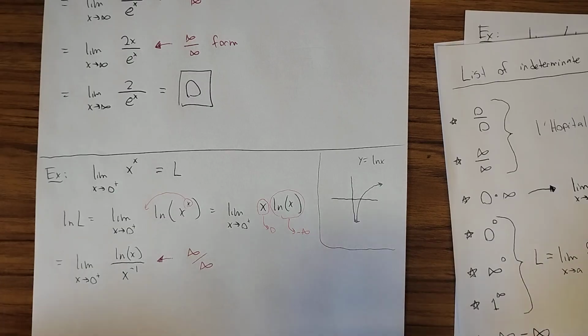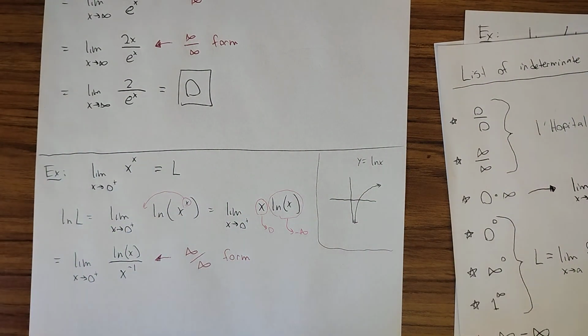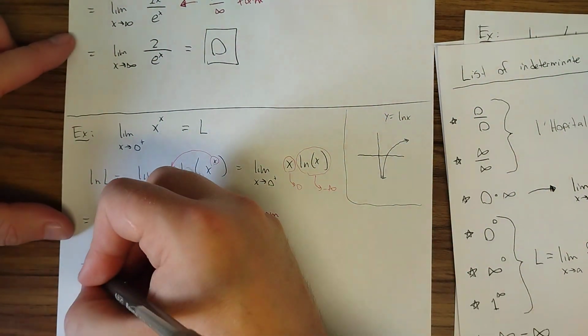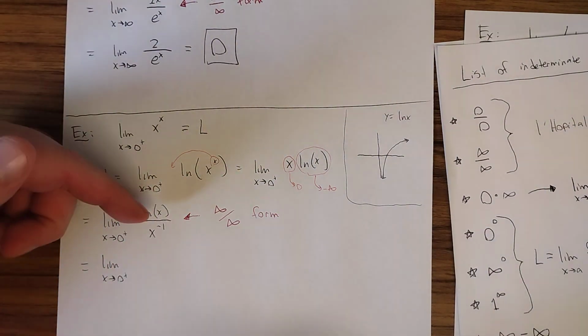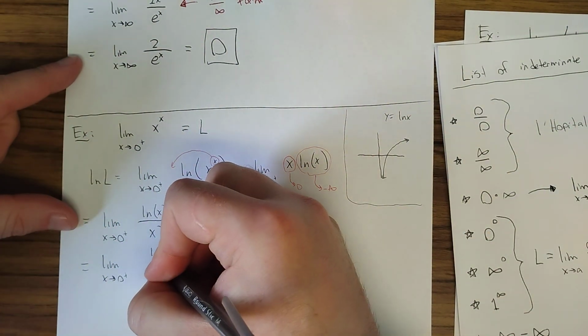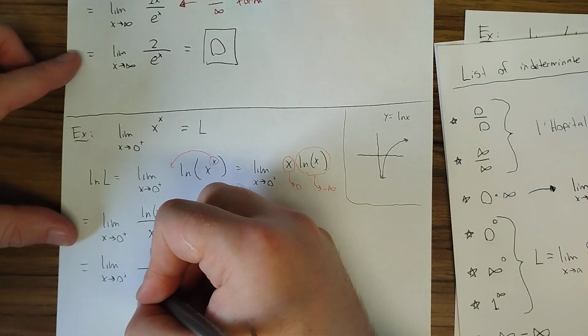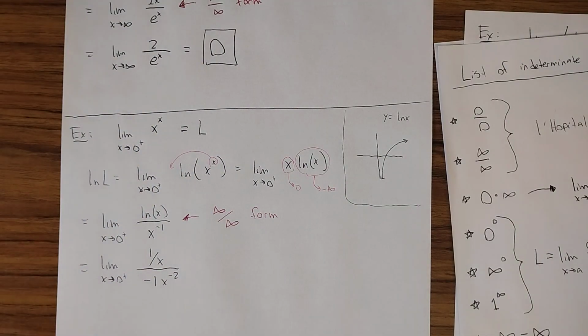So this is an infinity over infinity form. So we are justified using L'Hopital's rule. So let's do it. Derivative of ln x is 1 over x. Derivative of x to the minus 1 is minus 1 x to the minus 2. That's how I do derivatives of powers.